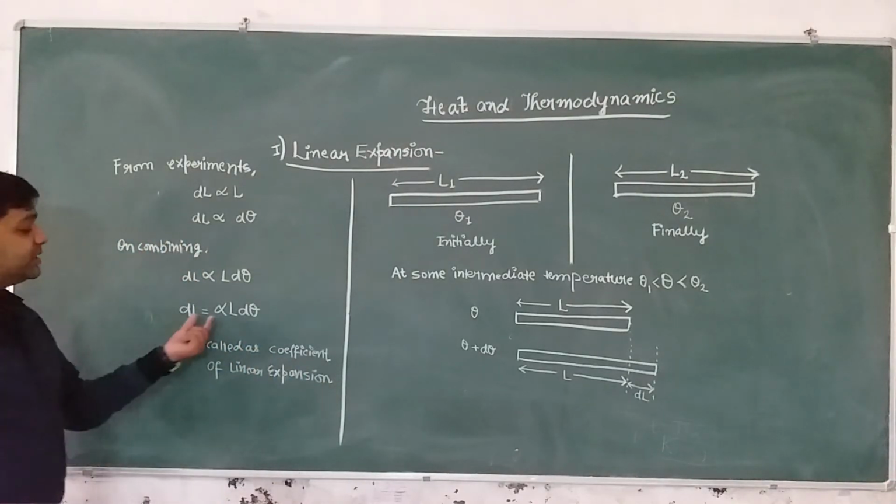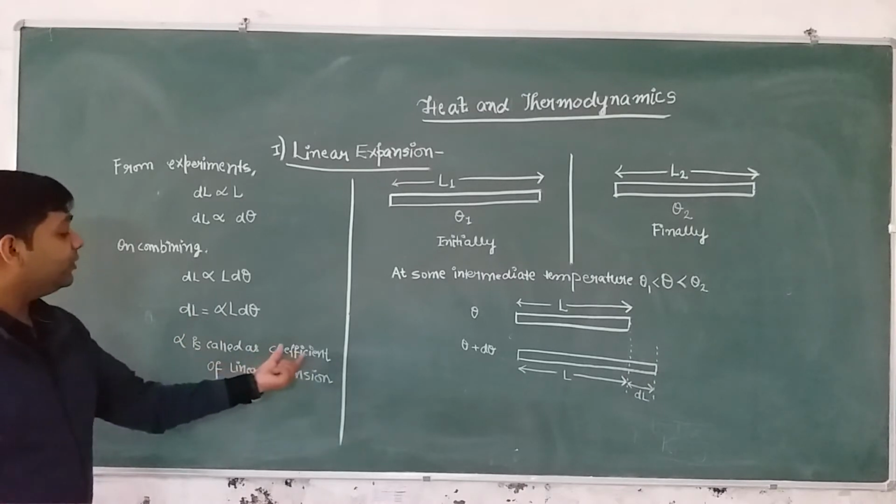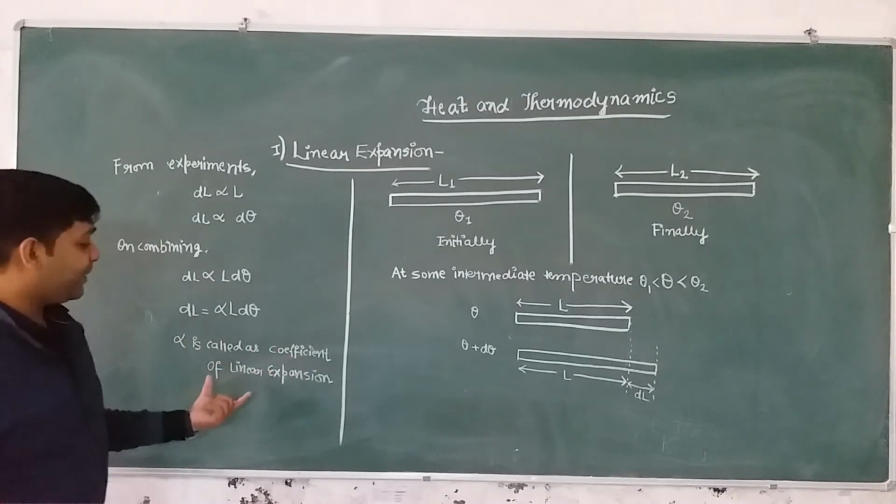This alpha, constant of proportionality, is called the coefficient of linear expansion.